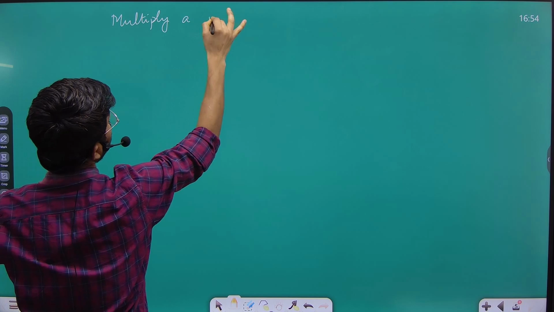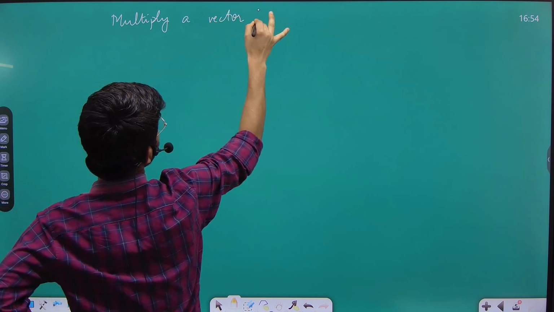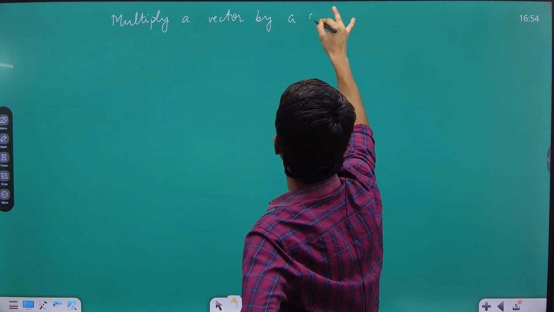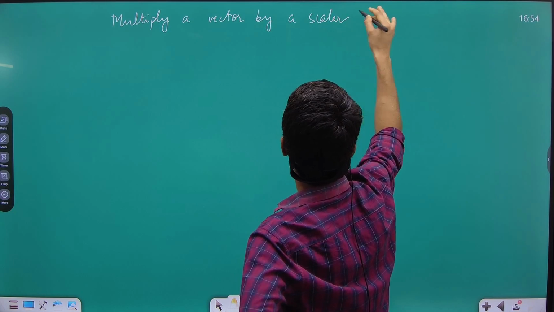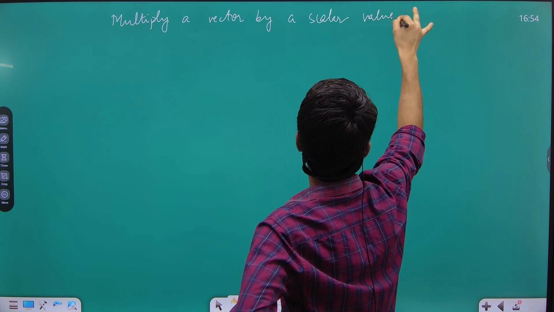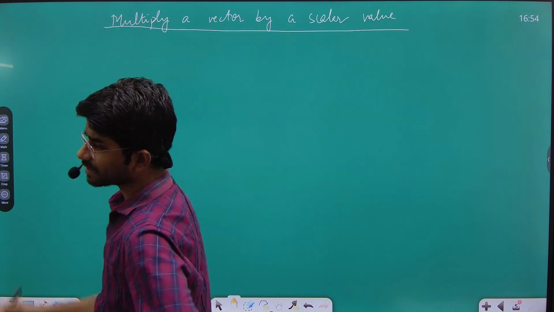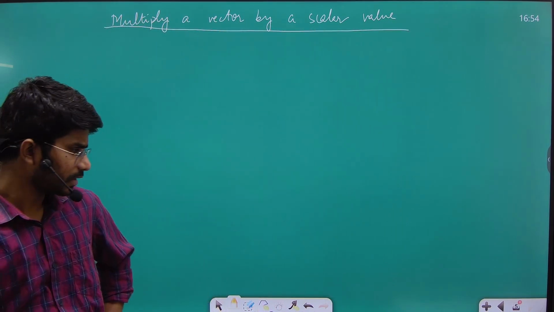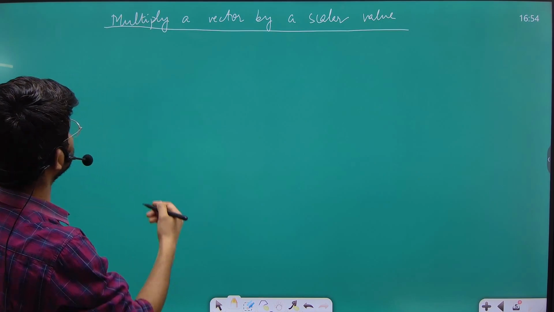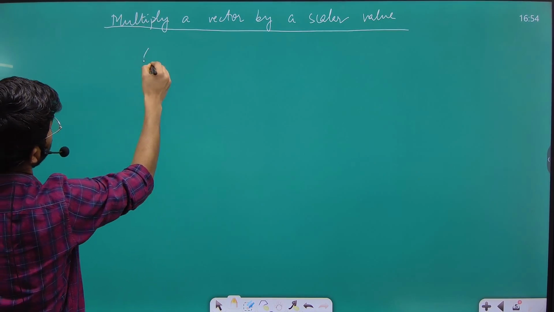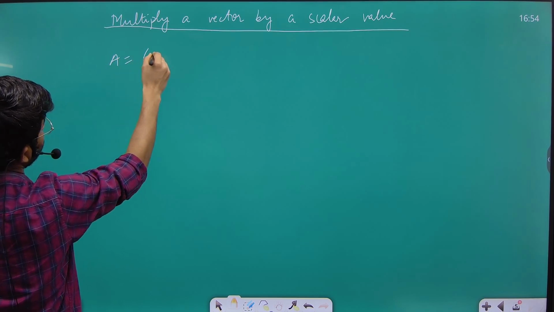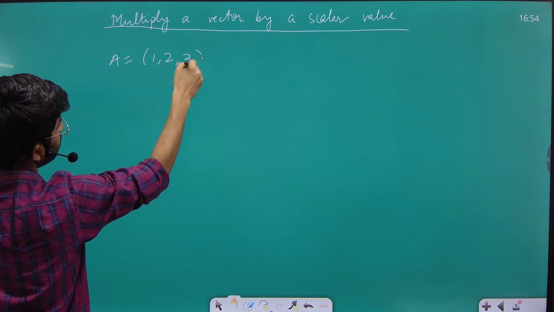Multiply a vector by a scalar value. A scalar means suppose you are just scaling it. Okay. So suppose one vector is represented as a equal to 1, 2, 3.